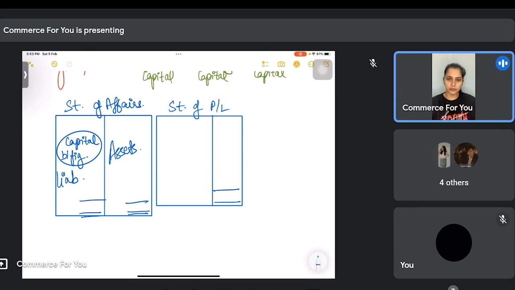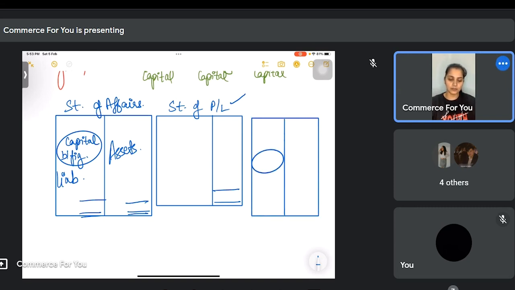So you will have two methods. Either they will give you some hints to calculate profit, or they will provide you closing capital themselves. So you are just going to calculate closing capital from here as a balancing figure. So closing capital, and that will be the balancing figure, again by taking all your assets and liabilities of the year. So this will be your opening statement of affairs.